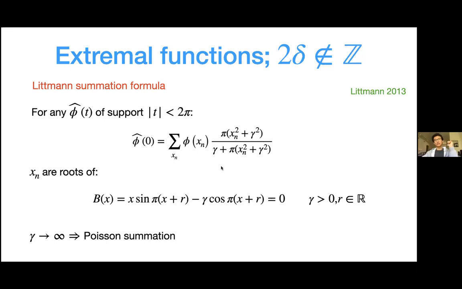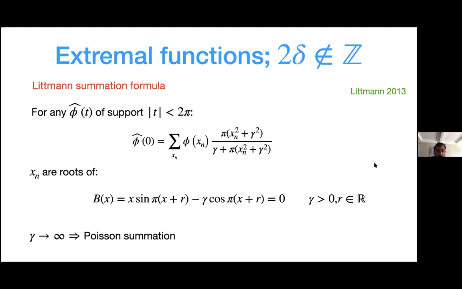Then this right-hand side has an interpretation as a decomposition into an orthonormal basis on this Hilbert space. So there's the Hilbert space of entire functions, which is where this formula ultimately comes from.